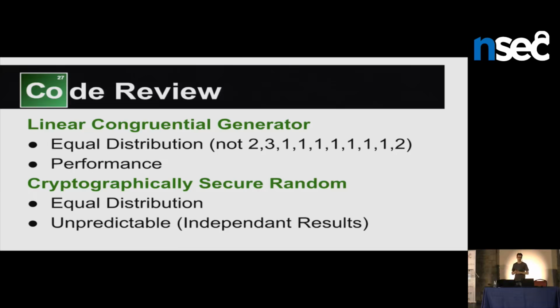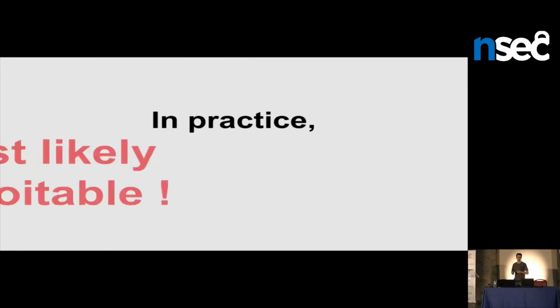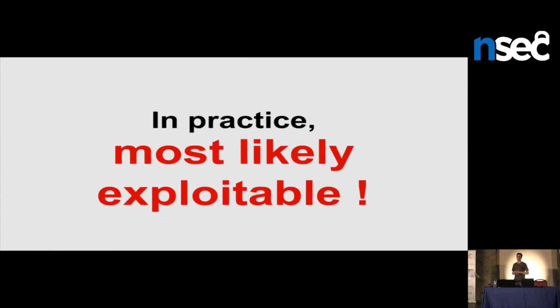That's what those APIs have as a contract. So we know the API says it's secure, and the other one, as the documentation comments, shouldn't be used as secure. But if you see those APIs being used, is it exploitable in practice? The answer is that most of the time it's going to be exploitable.